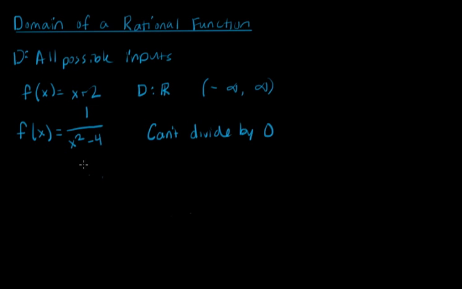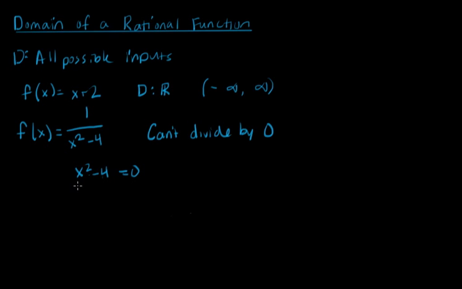Okay, so I can't have anything where the bottom of this fraction equals 0, right? You might be able to just see what numbers are going to be the problems here, but if you can't figure it out, one way that you can do it is to take x squared minus 4 and actually set it equal to 0, and then you can solve this.